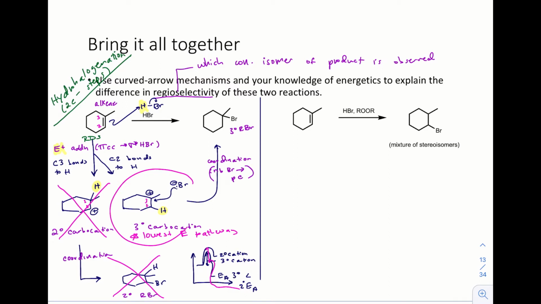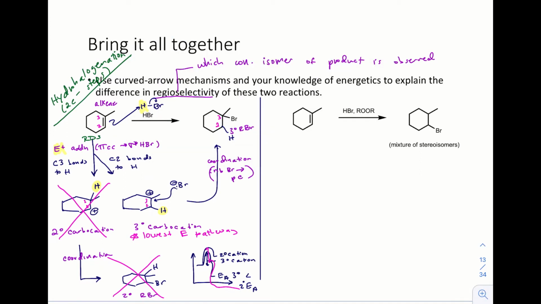The more stable, lower energy tertiary carbocation leads to the observed product, where the hydrogen atom has made a bond to the less substituted carbon, carbon 2, because that generates the more substituted carbocation, and then bromide makes a bond to that more substituted carbon, leading to what is referred to as the Markovnikov product, the more substituted alkyl halide.